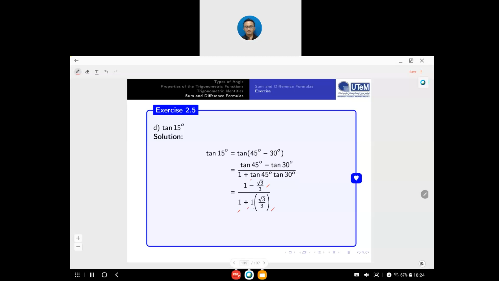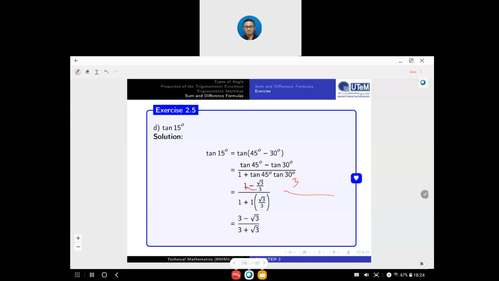Solving, you get (3 minus root 3) divided by (3 plus root 3), because when you make the denominators the same, you get 3 over 3 minus root 3 over 3, and 3 over 3 plus root 3 over 3. The denominators are equal, so you can simplify this. That's why you get this.